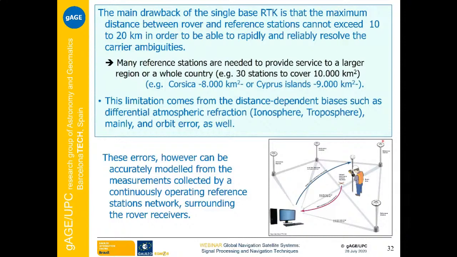This is the idea. The idea is to have a reference station network collecting data. This data is sent to a central processing facility that computes these atmospheric propagation errors. Okay, how does it work?